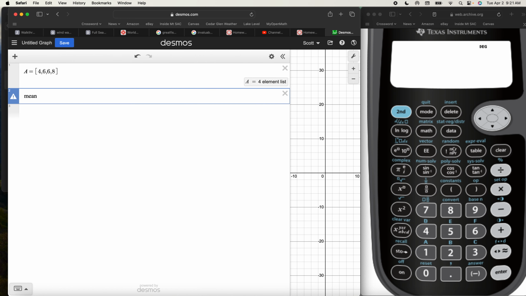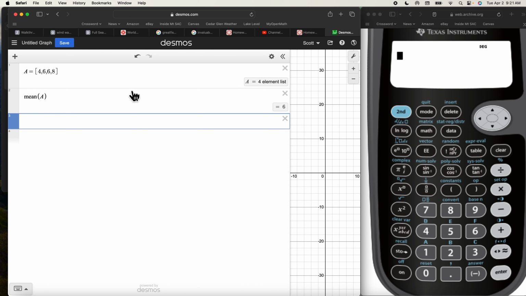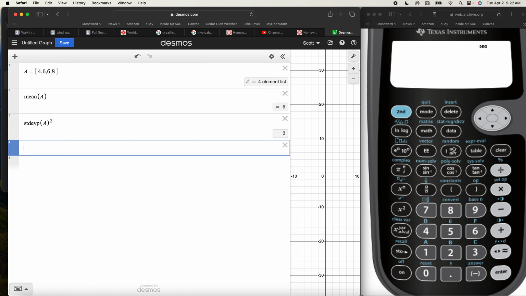The mean of A is 6, you can see here. Standard deviation, I actually am not being asked for, but STDEVP for a population standard deviation is this 1.4142, which looks like the square root of 2. So when we square that to get the variance, you can see the variance is just 2 here. Okay, so I think I can put in the mean is 6, the variance is 2.